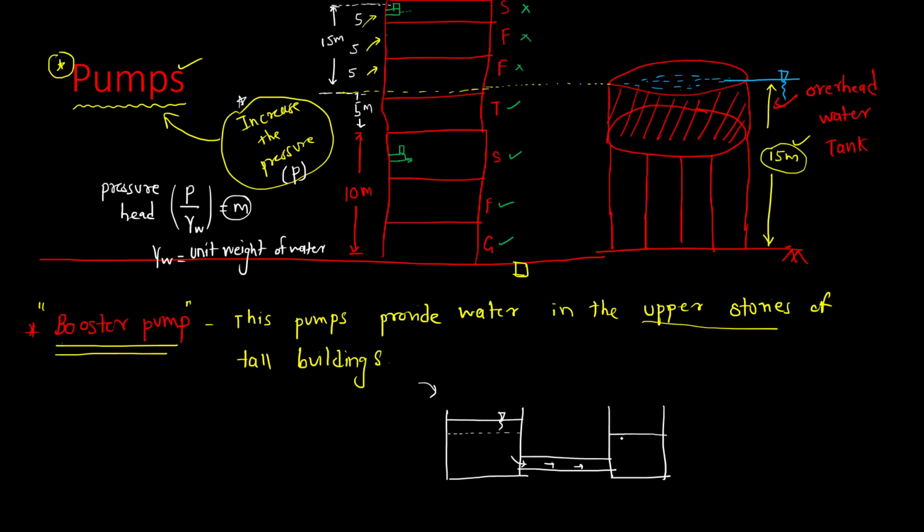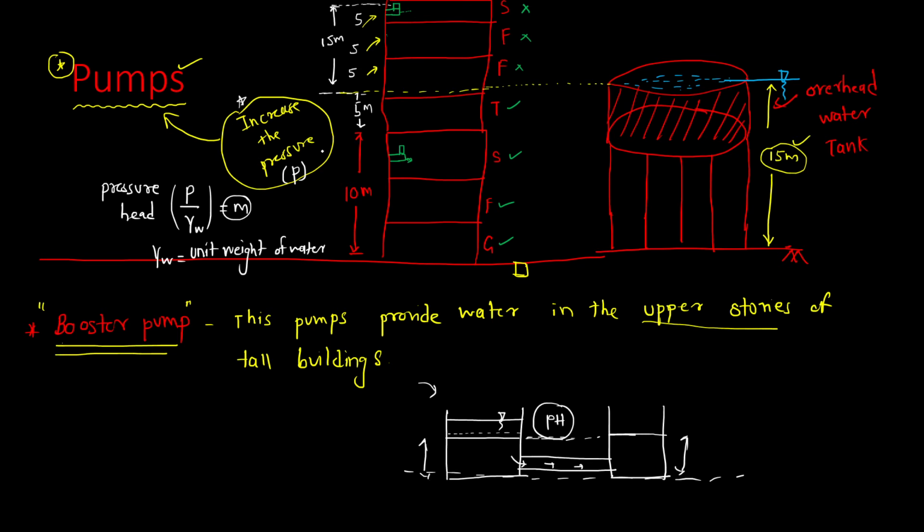Up to what point will the water keep moving? Up to when the water levels in both the containers are the same. At that point only, the pressure head will be the same, that is, the level of water from the ground will be the same.